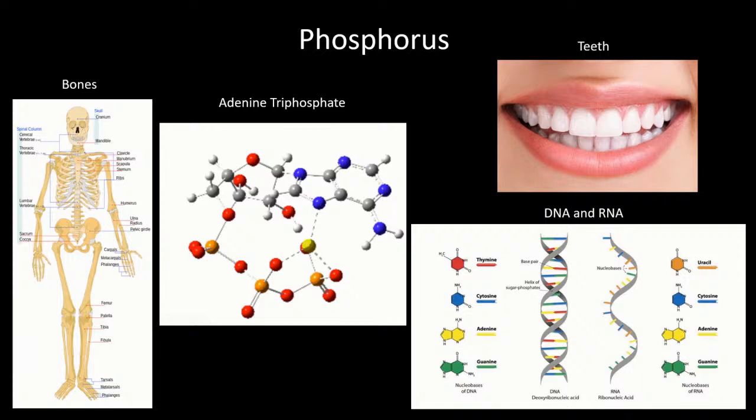Importantly, phosphorus is also the key component of adenosine triphosphate, or ATP, in which a group of three phosphate groups provide the molecule's key features and functions. You probably recognize ATP from what we've learned about how biological processes use and store food for energy.